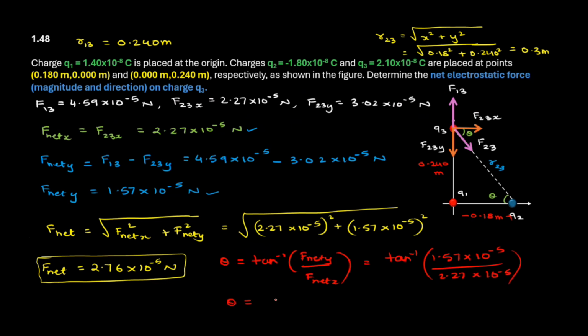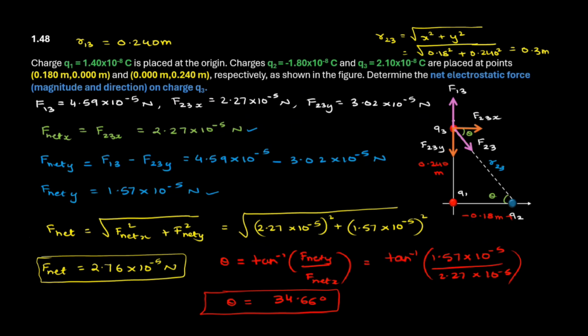And you get theta equals 34.66 degrees. And this theta is from positive x-axis because both my x component and y component are positive. That means this resultant vector lies on the first quadrant.